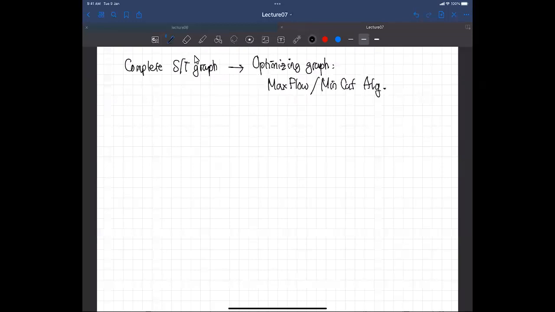Another name for the max flow min cut algorithm is the Ford-Fulkerson algorithm. This is something that we learned last week, for a simple case of an ST graph with x1, x2.